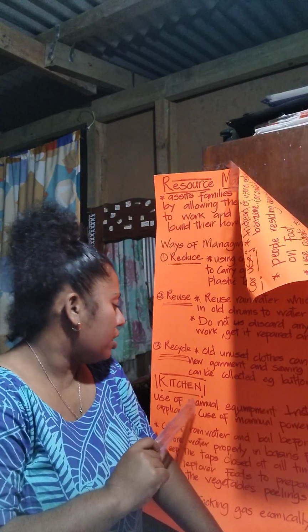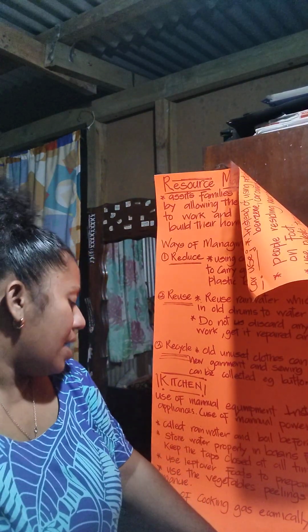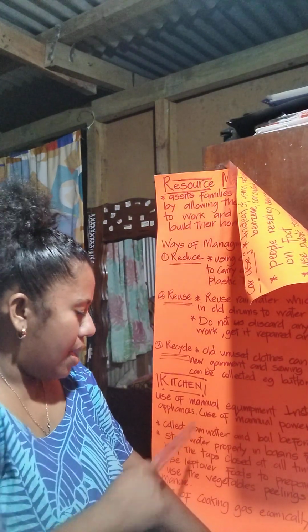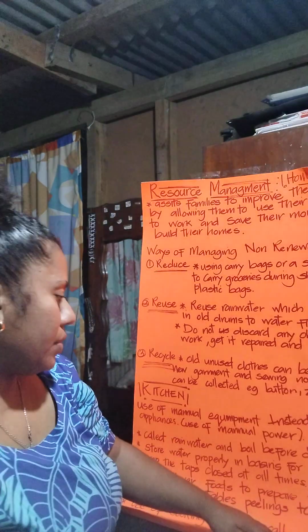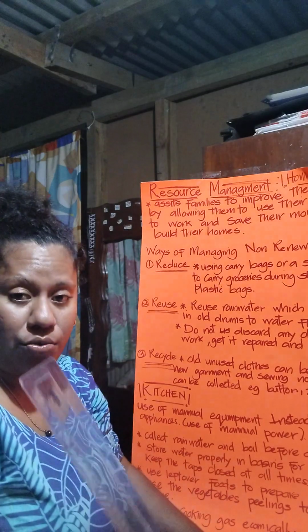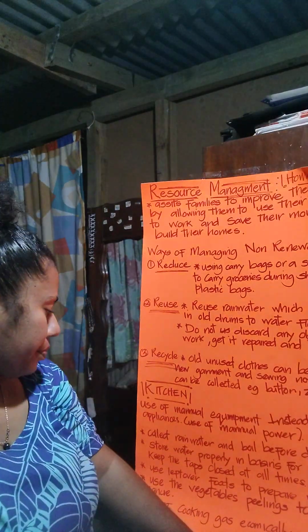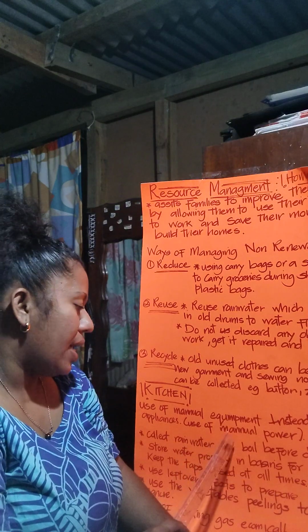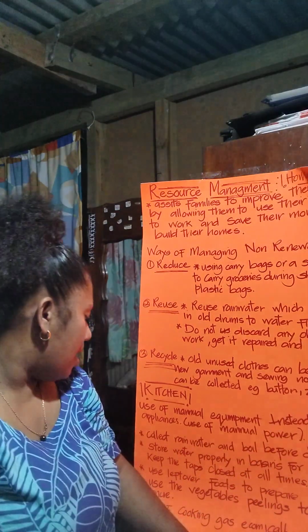Now we move on into the kitchen. This is where the use of manual equipment instead of electrical appliances, use of manual power. As an example, collect rainwater and boil before drinking.